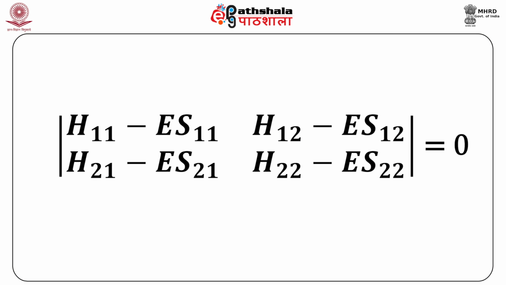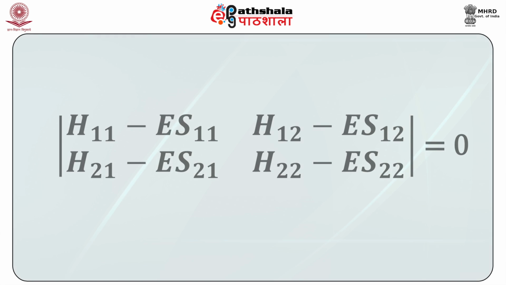That means the determinant is H11 minus E S11, then H12 minus E S12. Then in the second row, we have H21 minus E S21 and H22 minus E S22.